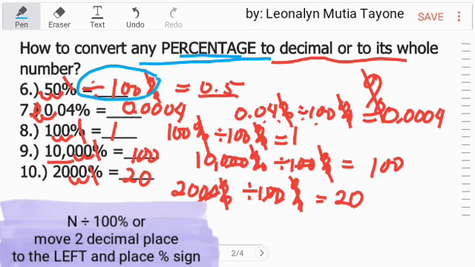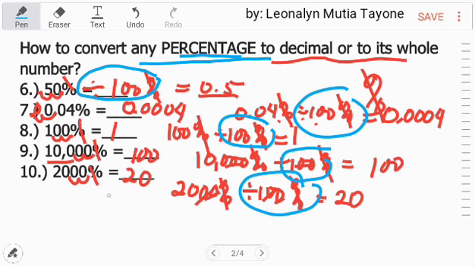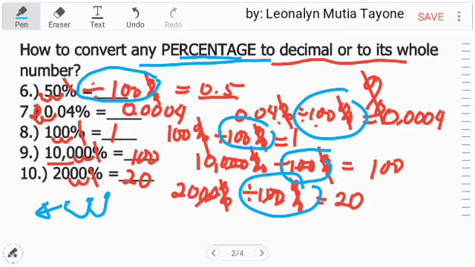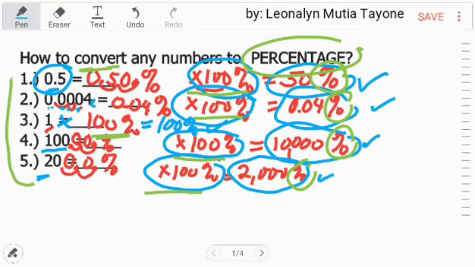Or, mag-move ka ng 2 decimal places to the left. While, yung number 1 natin, doon tayo sa first set. Yung first set natin, how to convert any numbers to percentage, nag-multiply tayo ng 100%. So, para ma-cancel out yan, nag-divide tayo ng 100%.